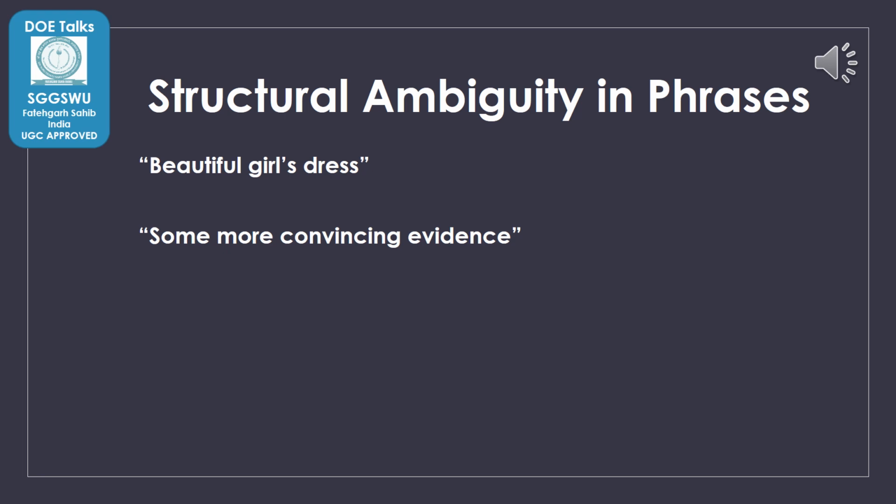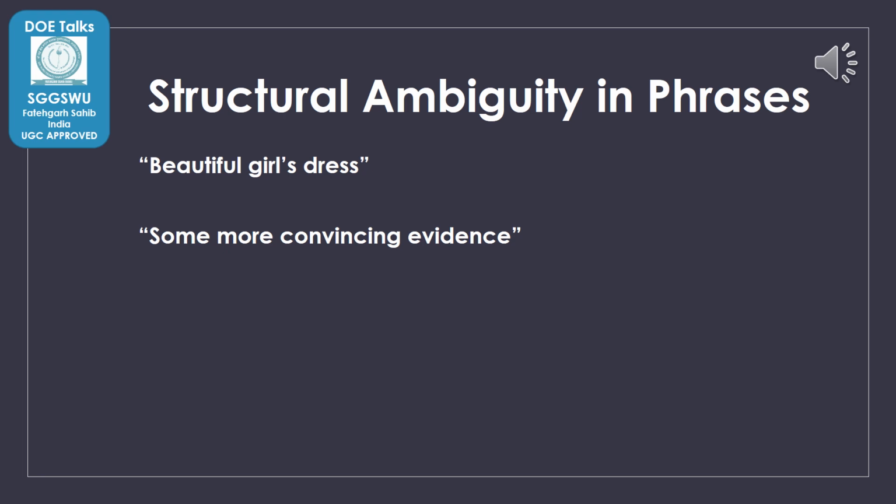The word beautiful, what does it qualify? Girl or dress? Which word is an adjective here? Beautiful or girl? If girl is an adjective, then what is beautiful? Is it an intensifier? Yes, this is an intensifier, right? So what we hear is "beautiful girl's dress." Is the girl beautiful or is the dress beautiful?